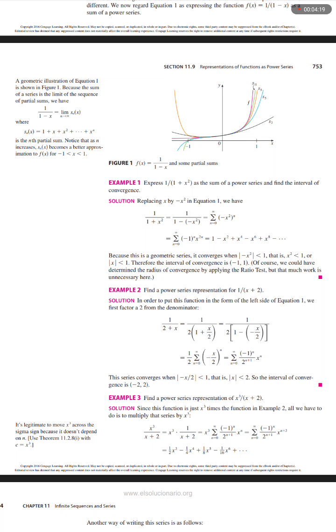Example 1. Express 1 over 1 plus x squared as the sum of a power series and find the interval of convergence.